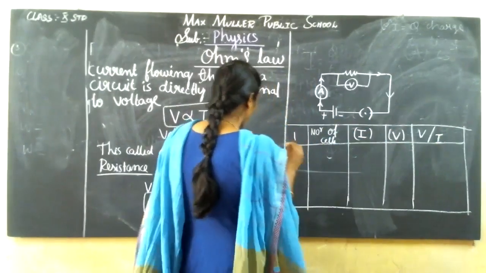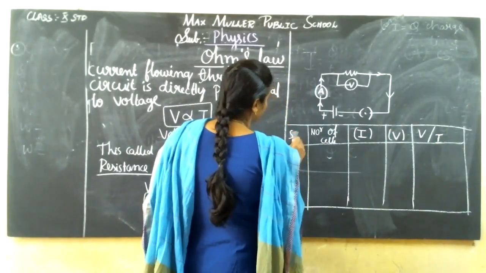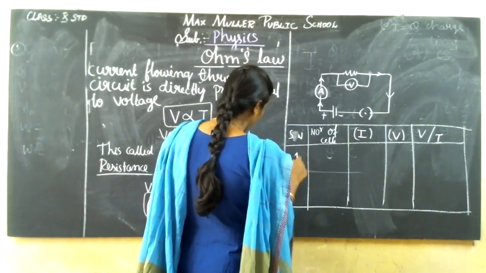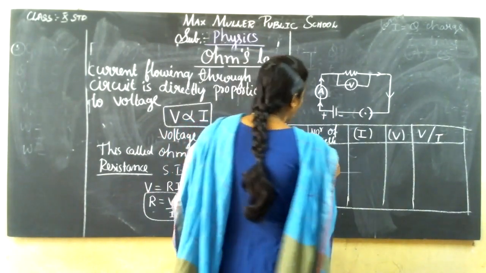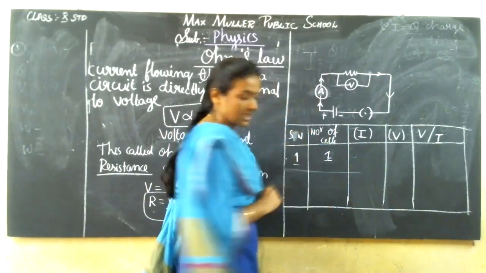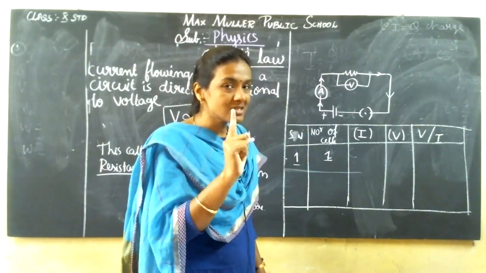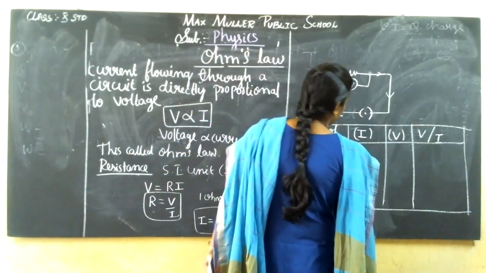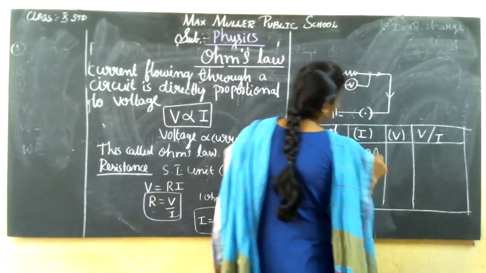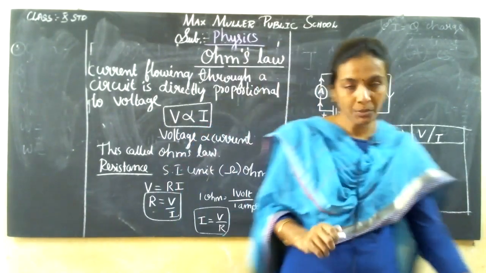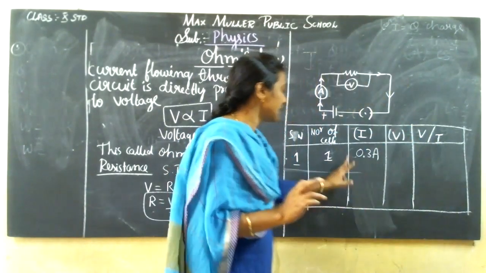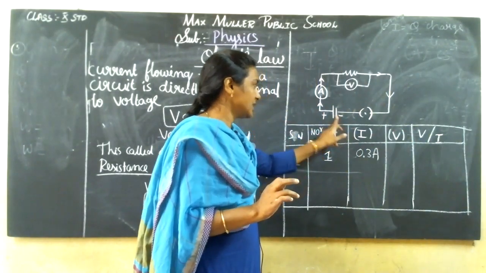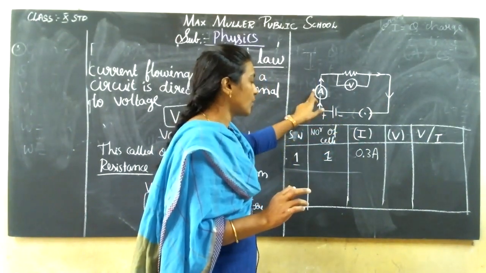First, here it will be a serial number. First, you are going to add one cell in the circuit. At that time, you can note down the current, something like 0.3 ampere.